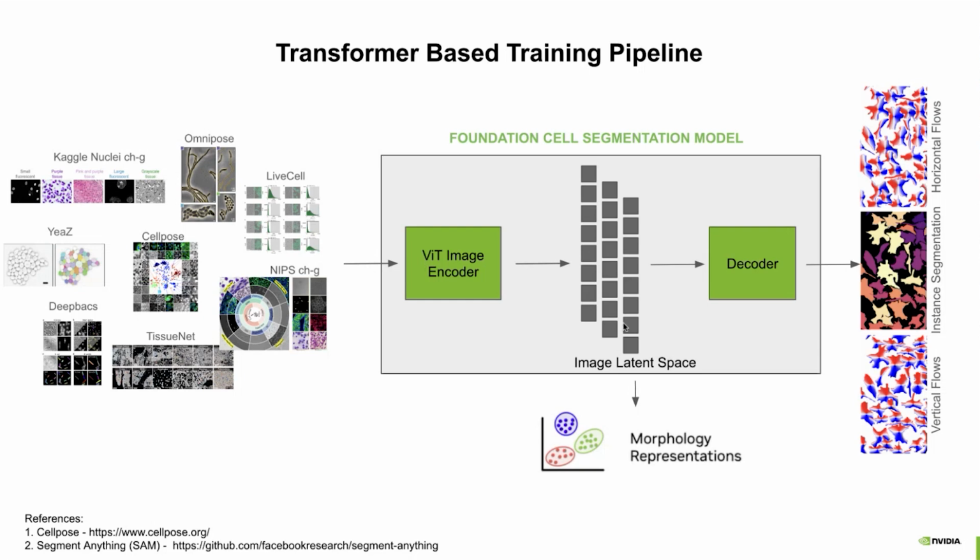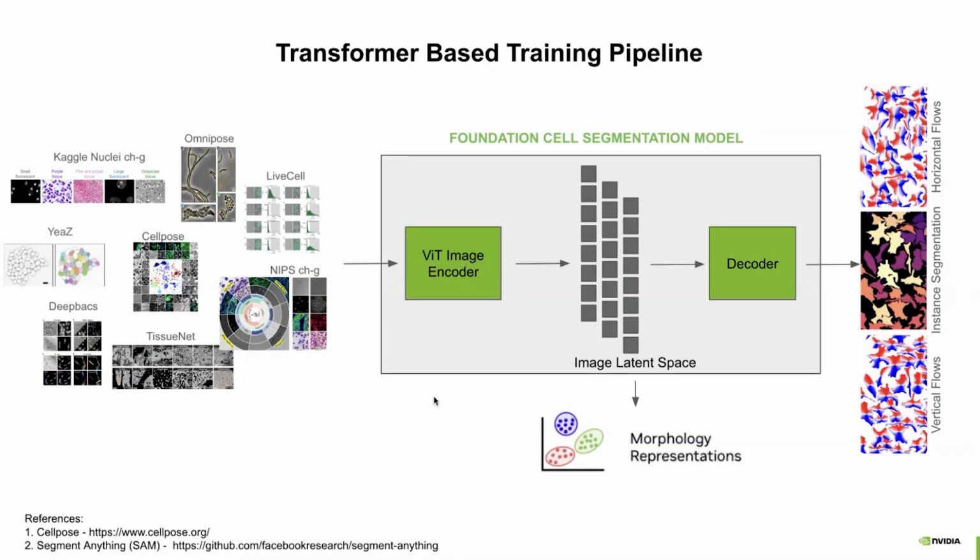So the model we're using is based on a vision image transformer. And primarily we use ViT from Segment Anything. Here's a reference. We extracted this part and use its pre-trained weights as a baseline to start from. The Segment Anything model by Meta AI was trained on millions of images.